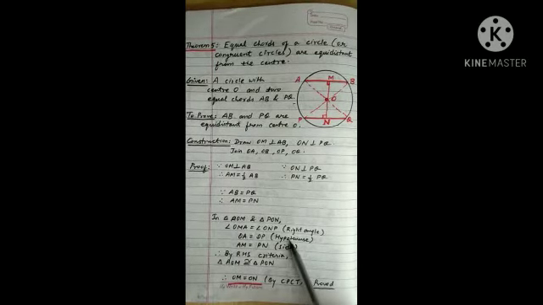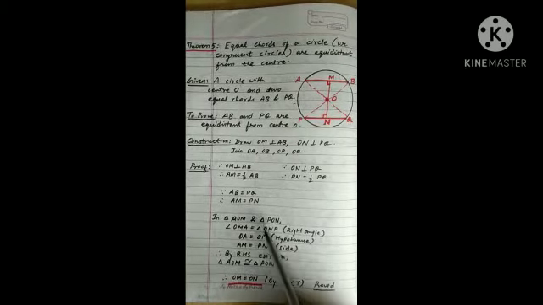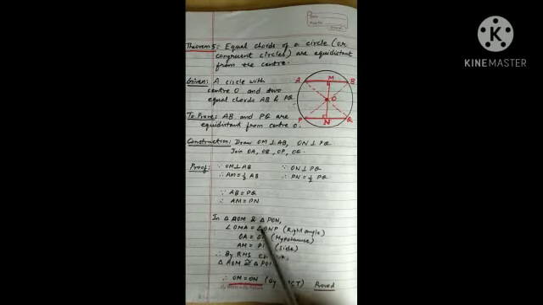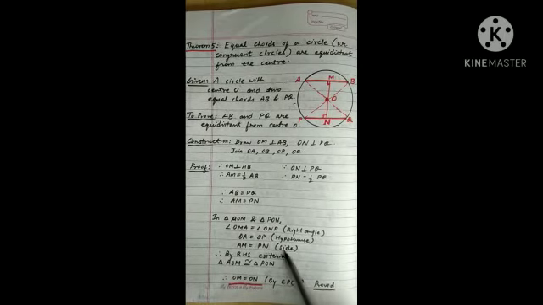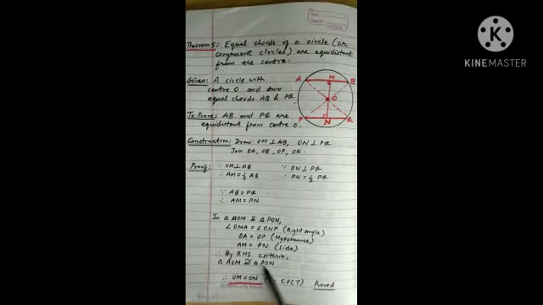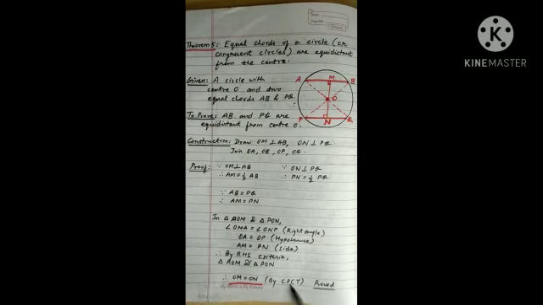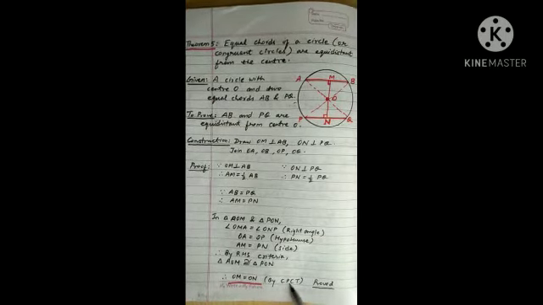That's why these are equal. And we have proved that AM equals PN, proved above. So by the right angle hypotenuse side, RHS criteria, both the triangles are congruent to each other. Since the triangles are congruent, therefore OM equals ON by CPCT.